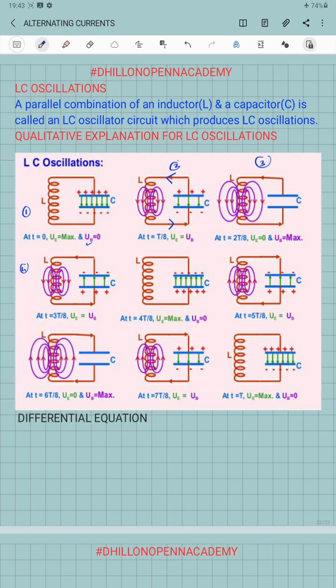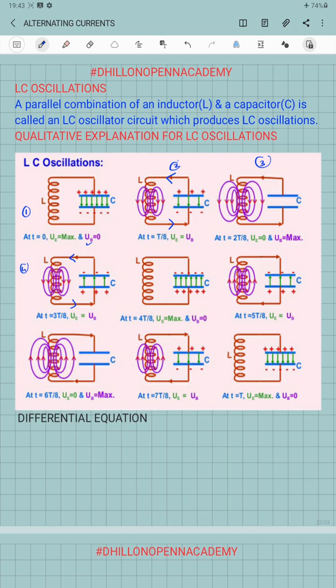So by Lenz's law, the induced current in the circuit keeps on running in the anti-clockwise direction. But when this induced current is running in the anti-clockwise direction, it starts charging the capacitor. In this case, the charging of the capacitor is now in the opposite direction.